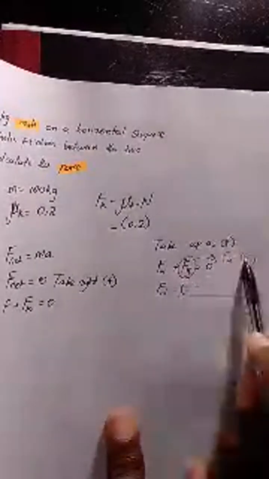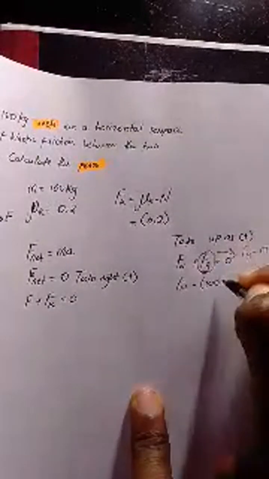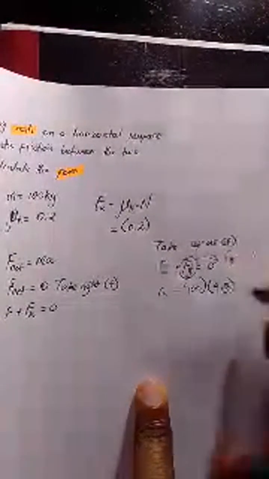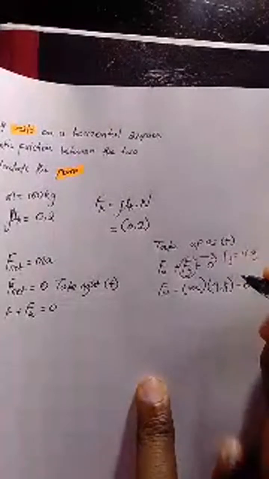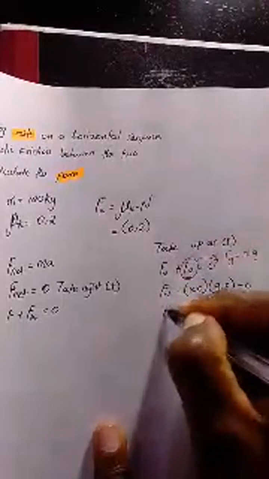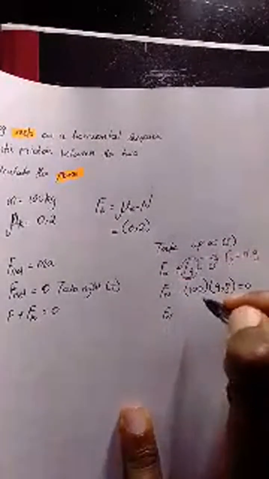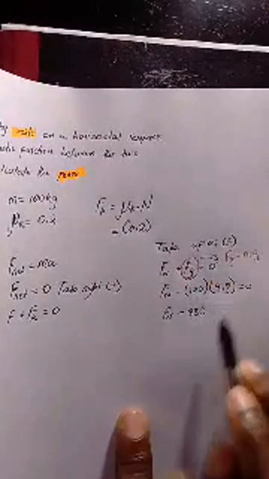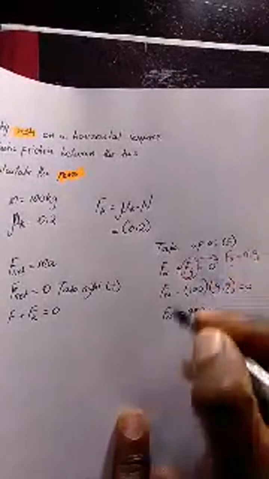That's what we are going to substitute here. Our mass we are given is 100 kg, and our gravitational force is 9.8. It's equal to 0. So now Fn is equal to minus 100 times 9.8, which is 980, equals to 0.